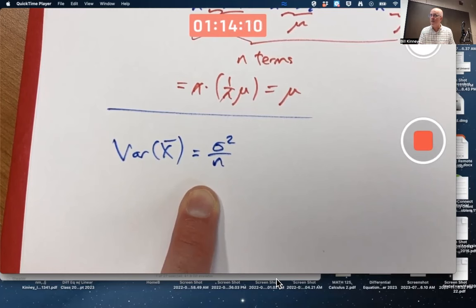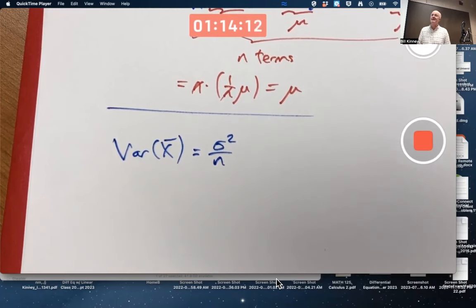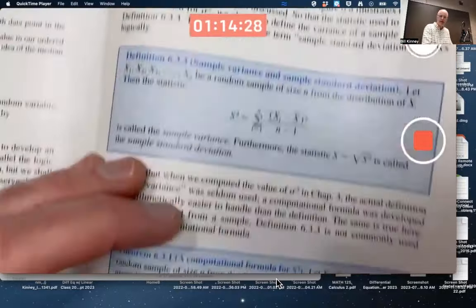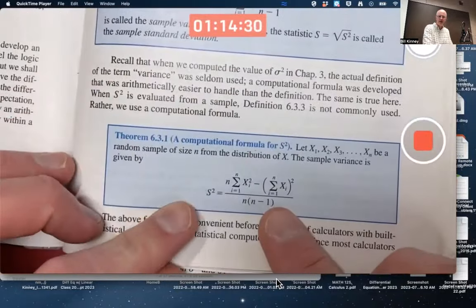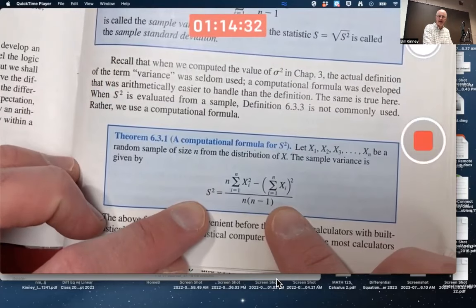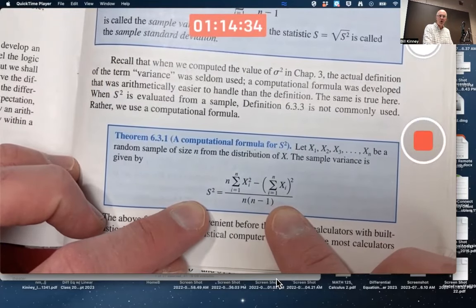So I'm going to give you a few problems from chapter 7 as well. One thing I forgot in chapter 6 that you will need on homework is there's a computational formula for the sample variance that I forgot to mention. This formula right here, you should be able to use. I did not write it down today. For data, replace the capital Xi's with lowercase xi's.